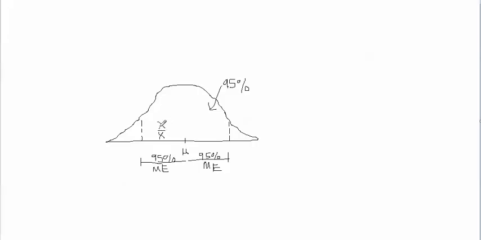Remember that this is made up of just a bunch of sample means because it's a sampling distribution. And these sample means that are in the middle 95% are the most accurate samples because they have sample means closer to the population mean.